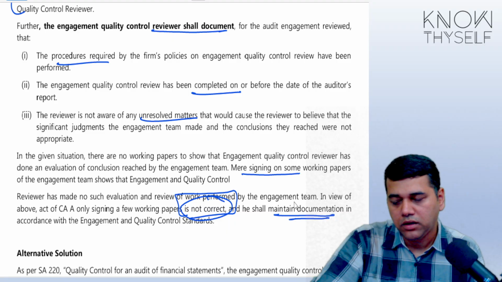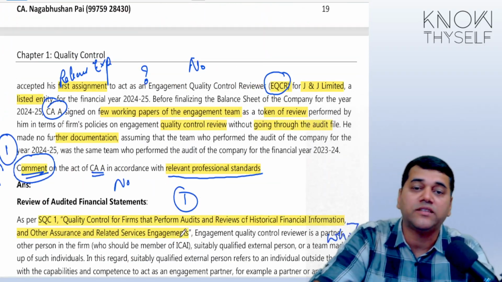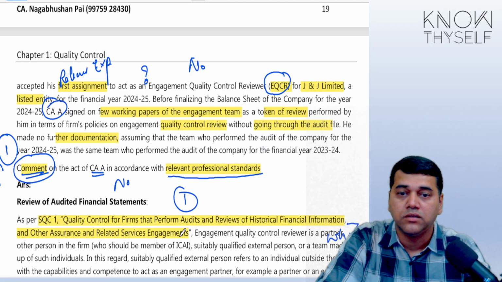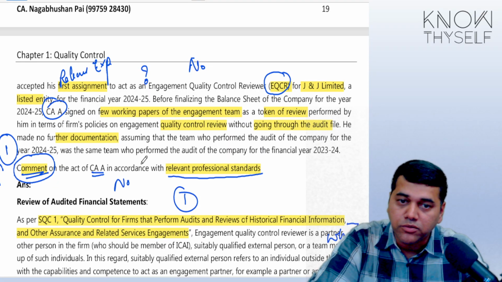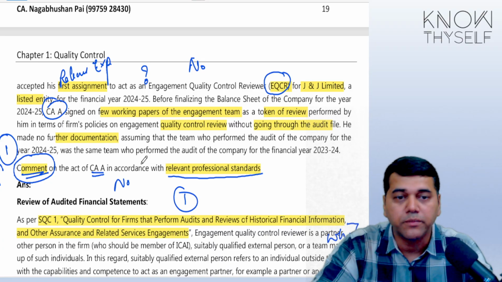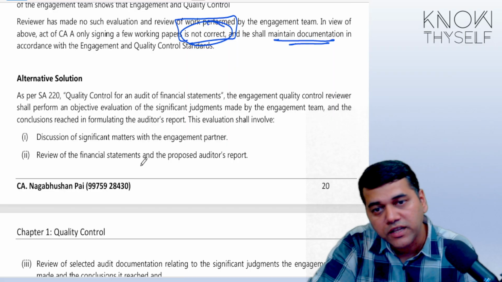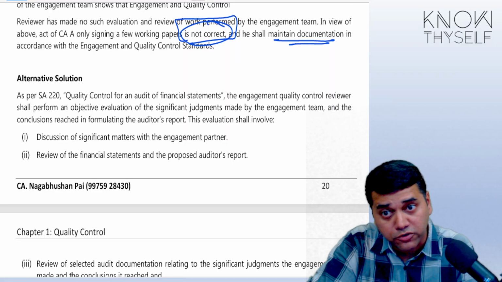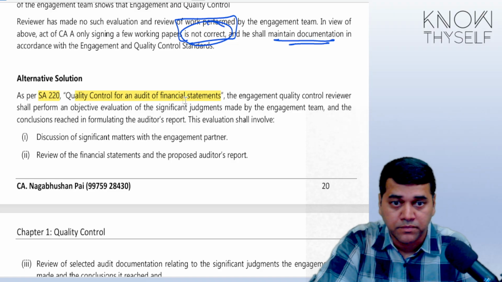Now, some students could have written, because the question is silent as to which standard is applicable here. Since it is an audit, somebody could have written from an SA 220 perspective, or you could have written from an SQC perspective. But here also you have to quote the name to fetch 1 mark.